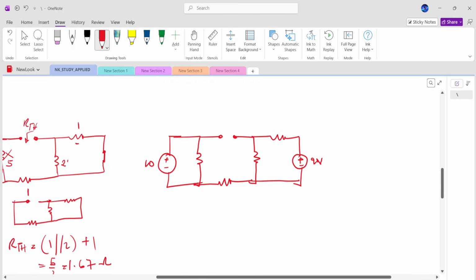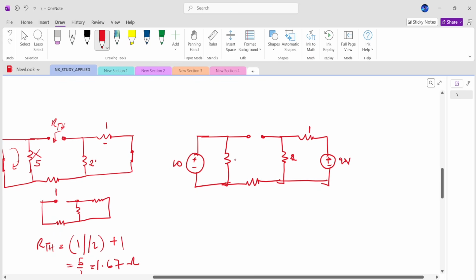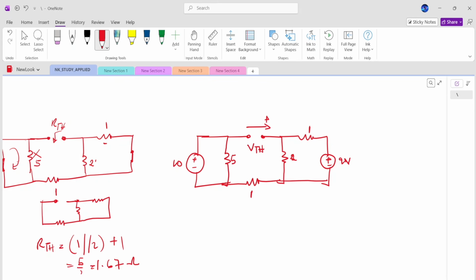We have 1, 2 here, 1 here, we have 5 here, we have 1 here. So to find our open circuit voltage, we want the voltage across these two terminals. So we have assigned the direction VTH, right? So with the direction, it means our positive is here, our negative is here. All right.